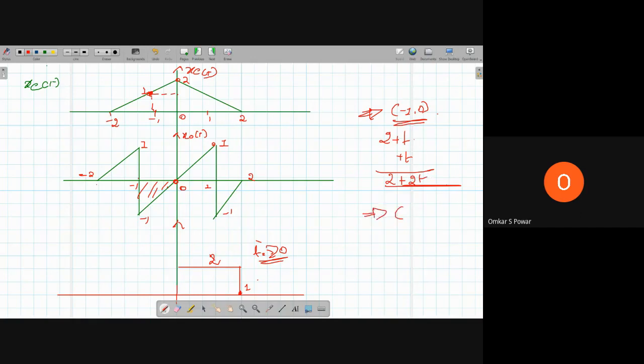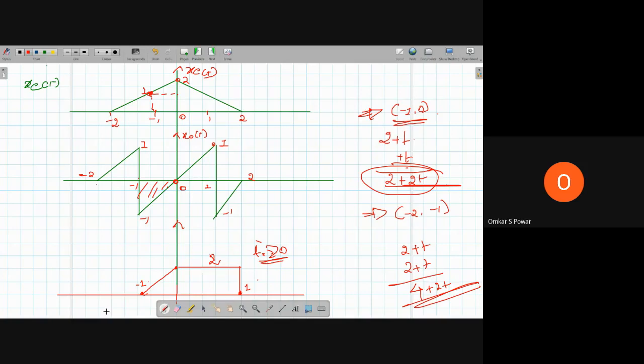Similarly, if you solve for -2 and -1, for up it will be 2 plus t, for down also it will be 2 plus t. You solve that, you will get 4 plus 2t. Then you use this equation. So from -1 to 0, at -1 it is 0 and at 0 it is 2. So you will get a ramp.